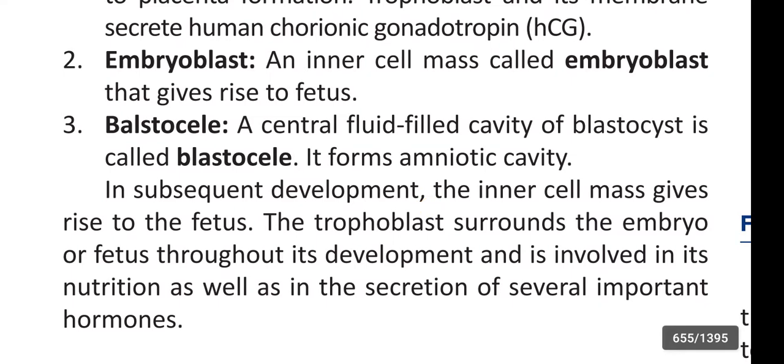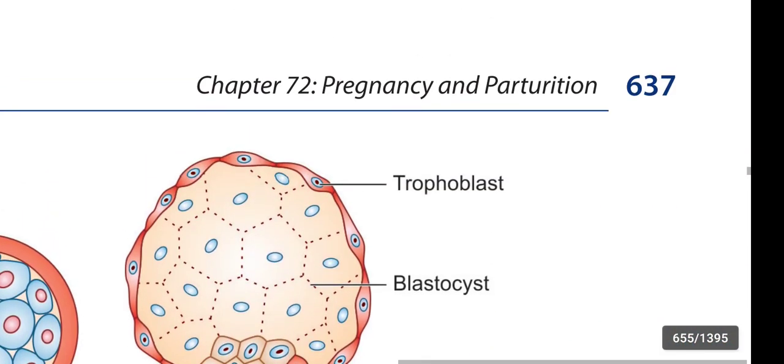In subsequent development, the inner cell mass gives rise to the fetus. The trophoblast surrounds the embryo or fetus throughout its development and is involved in its nutrition as well as in the secretion of several important hormones. Okay, see it once again.